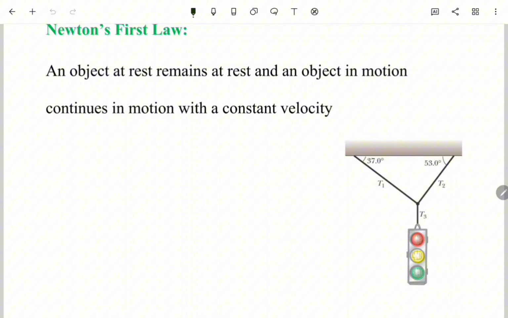For instance, in this real-life situation, like the traffic light here, it will remain this way forever unless there is some external agent that will modify its status. If there is a windy day, it will move this traffic light, or one of the cables could break, and in this case the situation will be different.